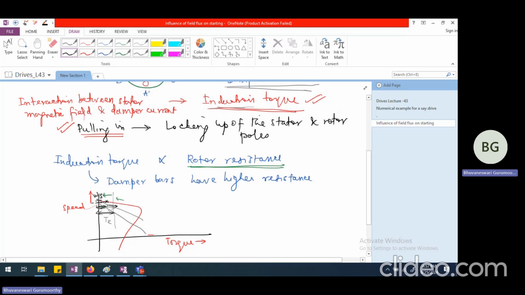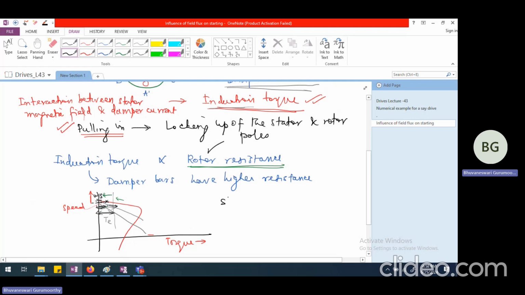So, in general, we would like to have a higher damper bar resistance if we want a better starting performance, but we would like to have a lower damper bar resistance if we want a good damping performance. We don't want much oscillation in the synchronous motor during load changes or frequency changes. We want less oscillation, with the rotor getting back to synchronous speed right away, so we should have lower resistance.